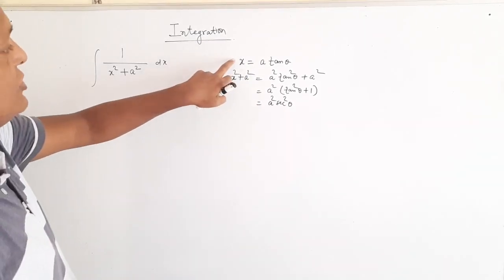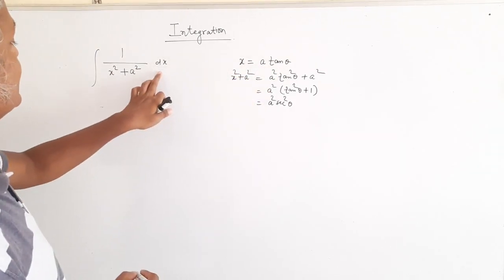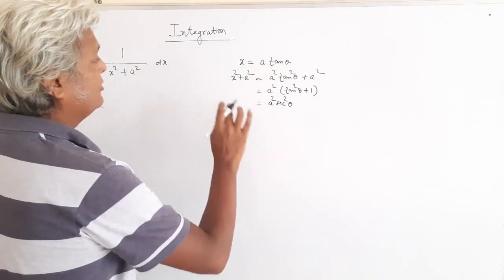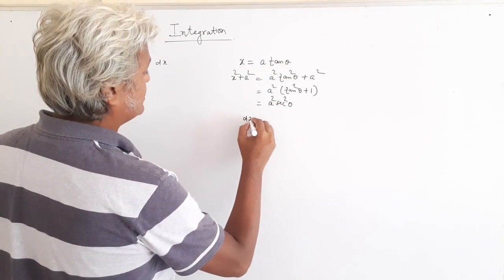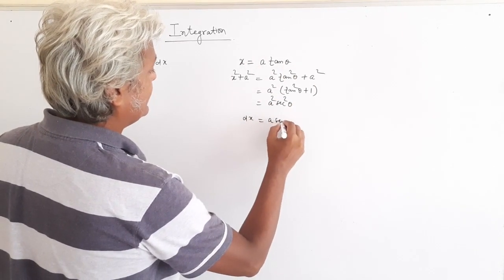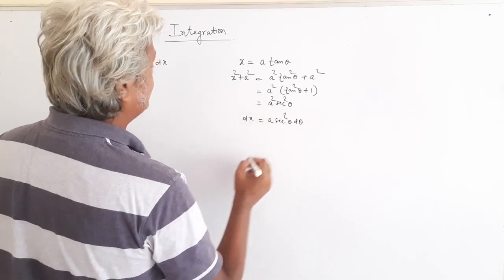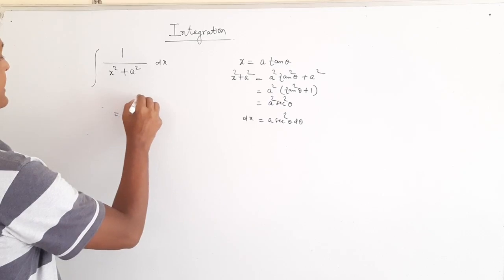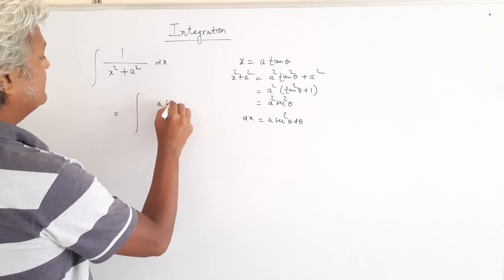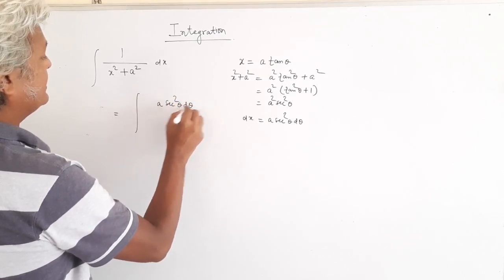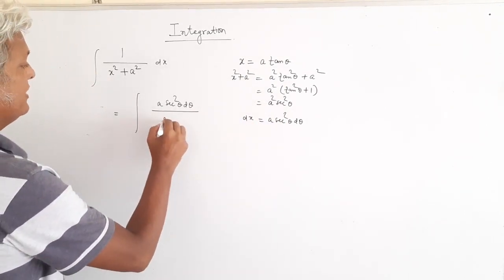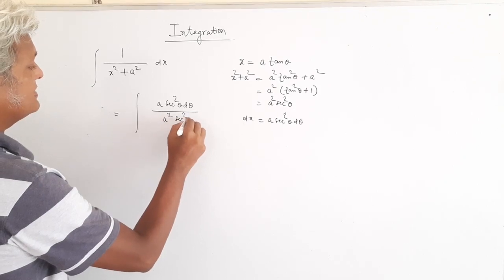Now when you substitute x as a tan theta, the dx should also change. For that we differentiate x is a tan theta with respect to its own variable. So dx equals a sec square theta d theta. Our question now becomes I is, in place of dx you write a sec square theta d theta over, in place of x square plus a square you substitute a square sec square theta.